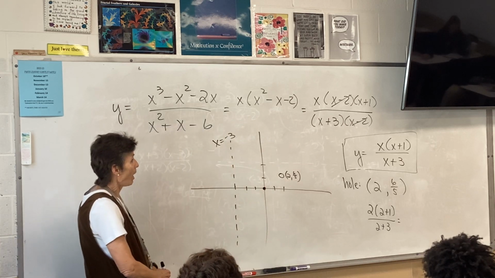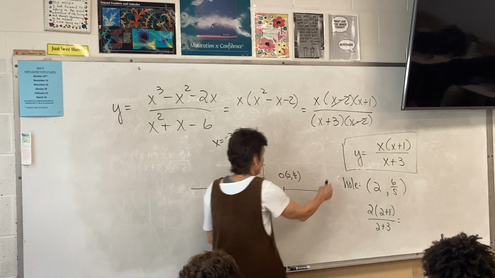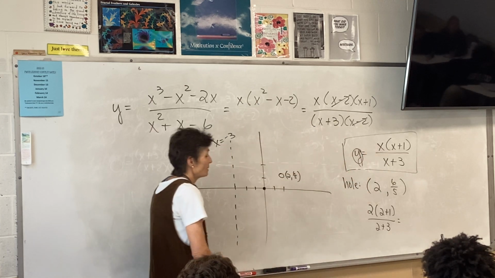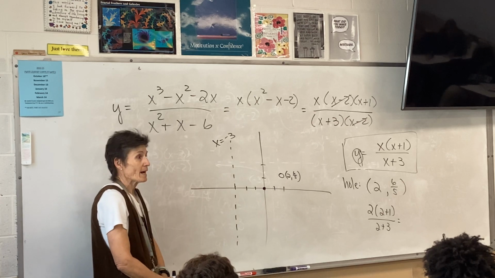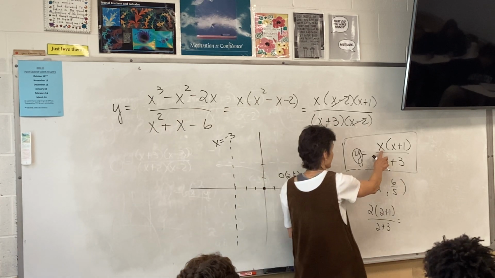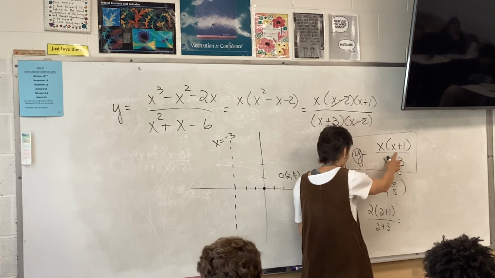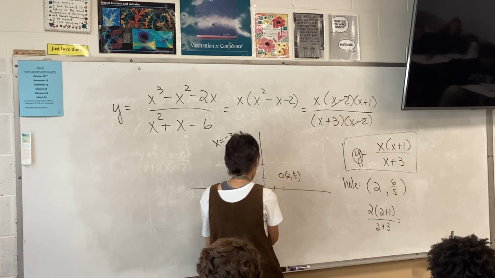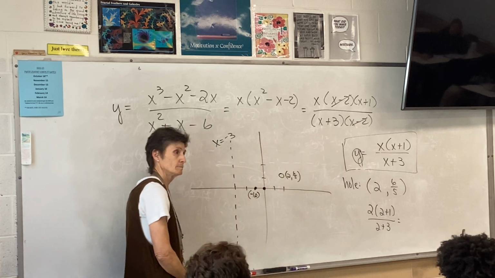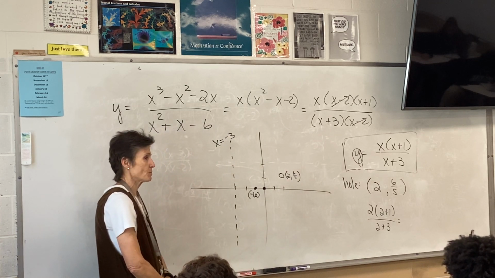If I let y be 0, think of this as being a 0 here. The only way a fraction can be 0 is if its top is 0, so it looks like x has to be either 0 or negative 1. Very strange.